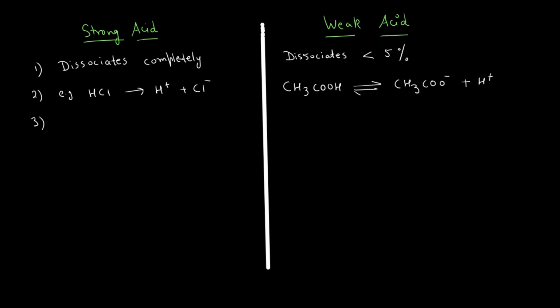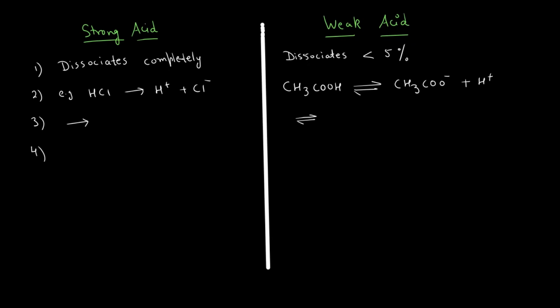Third, we mark a one directional arrow when we show the dissociation of a strong acid, while when we show the dissociation of a weak acid we use equilibrium sign. Okay, because here our acetic acid being a weak acid is not completely dissociated into its ions.